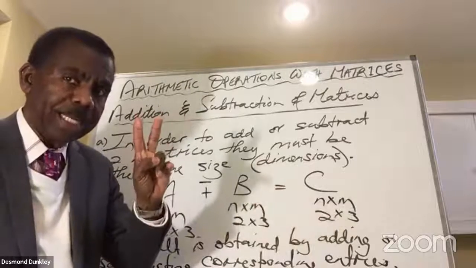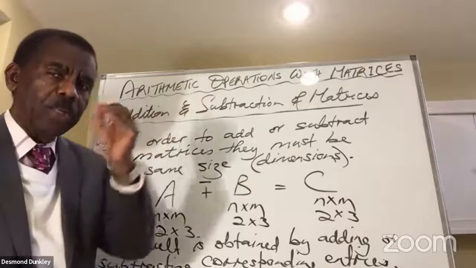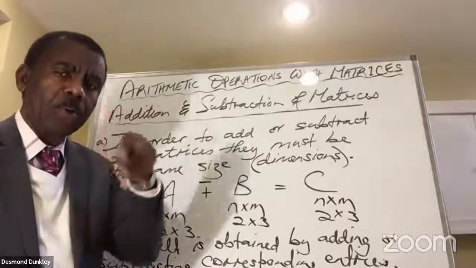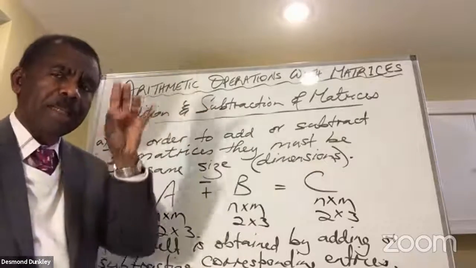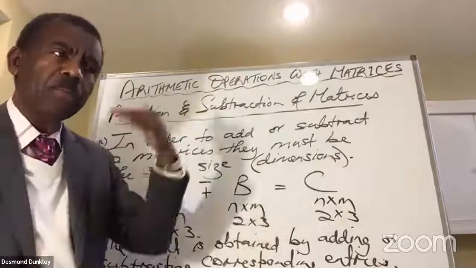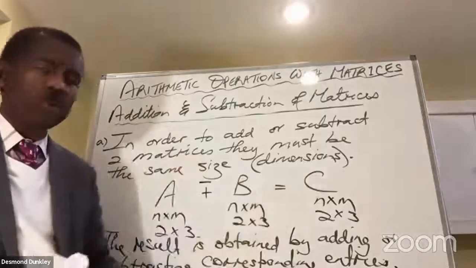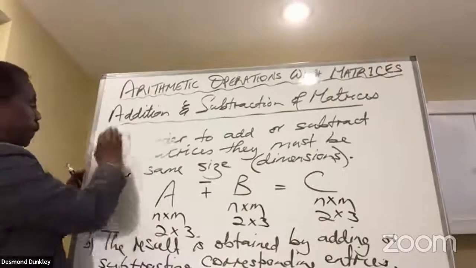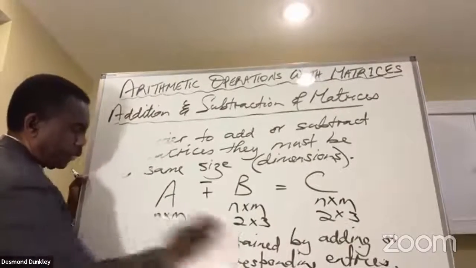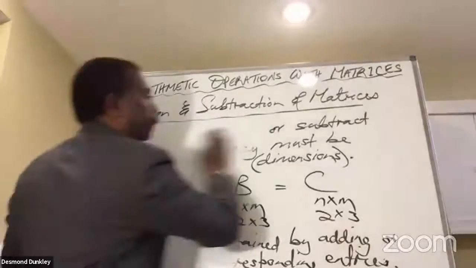There's no change in size. Keep that in mind. When you add two matrices or you subtract two matrices, the size of the result will be the same as the matrices that you did add or subtract. So let's do some examples.